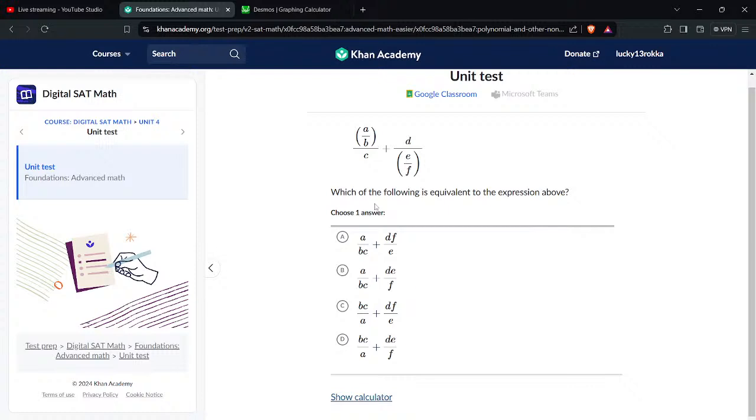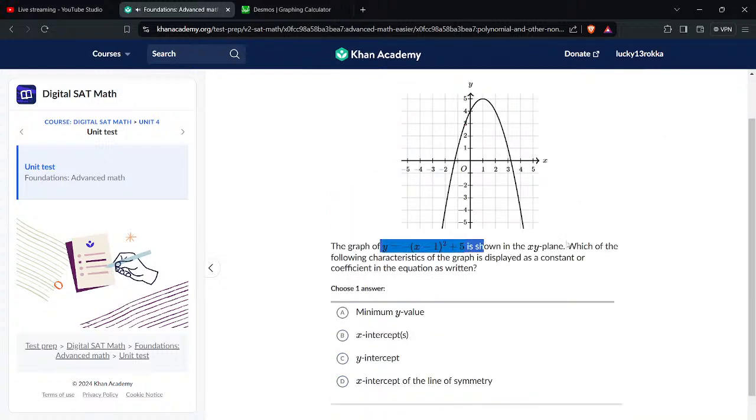Okay, I have everything. Is the following equivalent to the expression above? A, B, C. The characteristic, right? So we do not have the minimum y value. Axis of symmetry, no. Wait, I forgot.